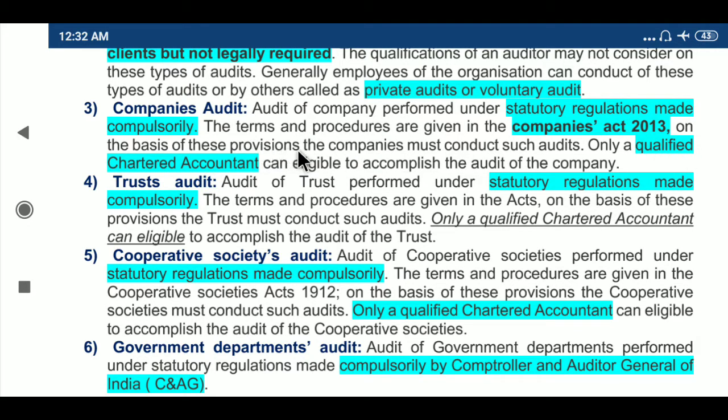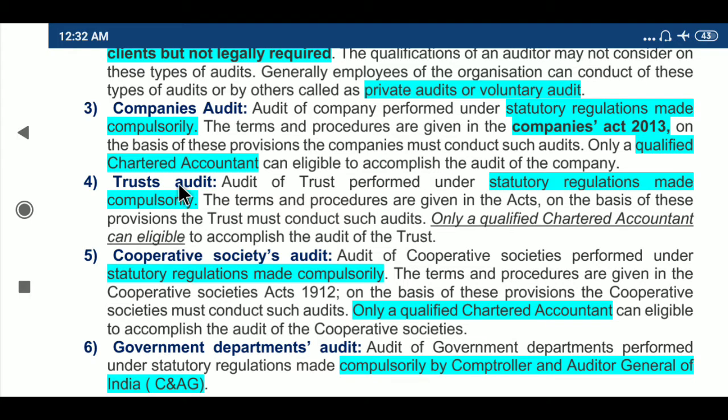On the basis of these provisions, companies must conduct such audits. The audit of companies must be conducted following the provisions of the Companies Act 2013, and also a qualified chartered accountant is eligible to accomplish the audit of the company.